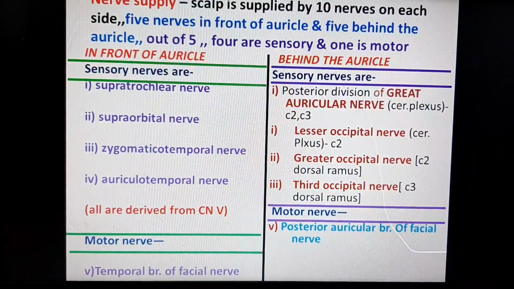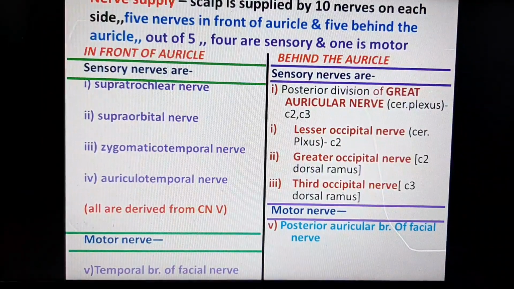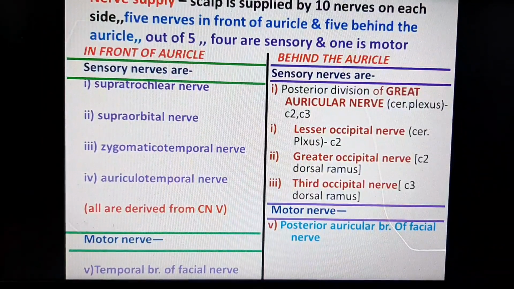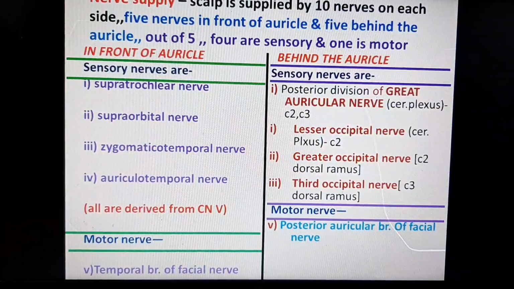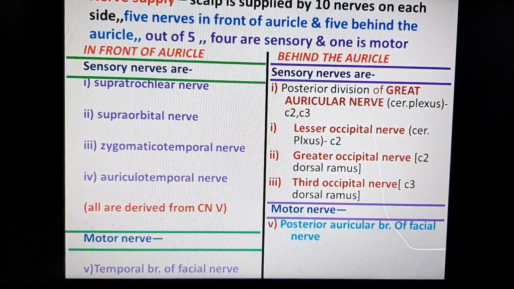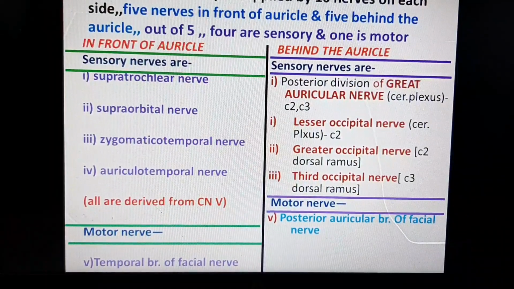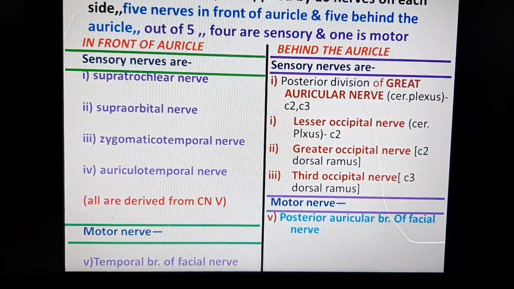Now coming to the nerves supplying the scalp behind the auricle. Sensory nerves are great auricular nerve, lesser occipital nerve, greater occipital nerve, third occipital nerve, and the motor nerve in this part is posterior auricular branch of facial nerve.